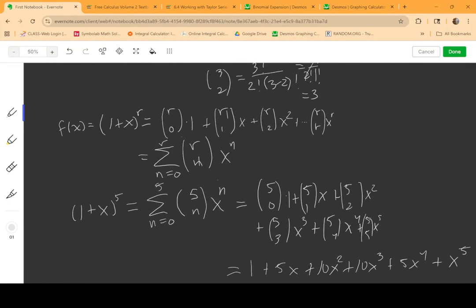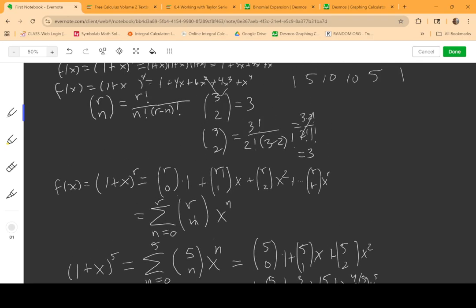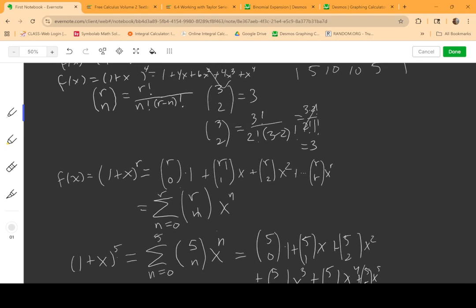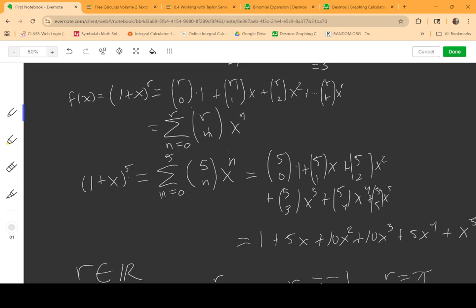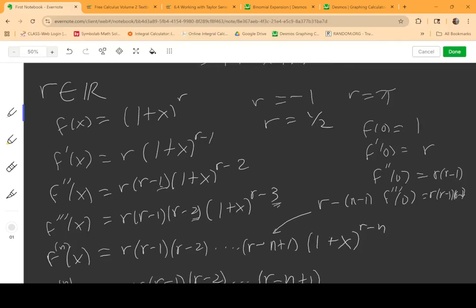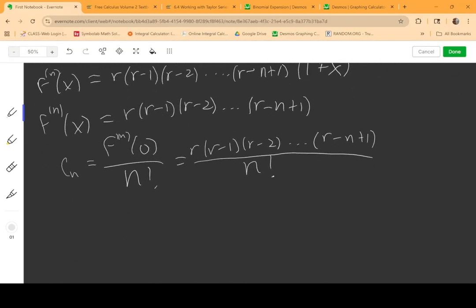If this was a non-negative integer, let's say 5, then when I have a non-negative integer, meaning values like 0, 1, 2, 4, this formula reduces to the choose number.